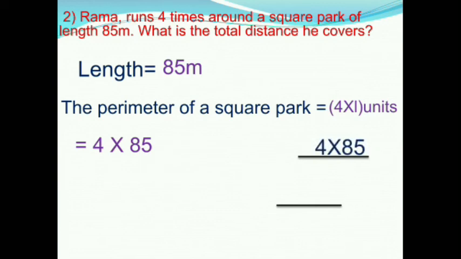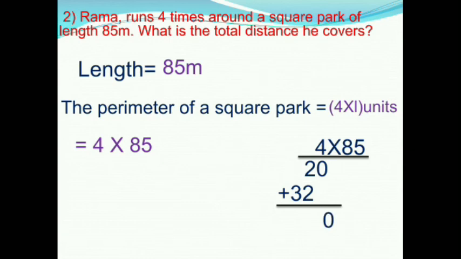First we should multiply 5 and 4. 5 fours are 20. Next we should multiply 8 and 4. 8 fours are 32. Now we should add these. First we should add 0. Here we have only 0, so we should write 0.